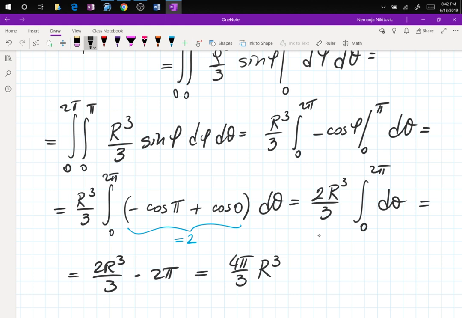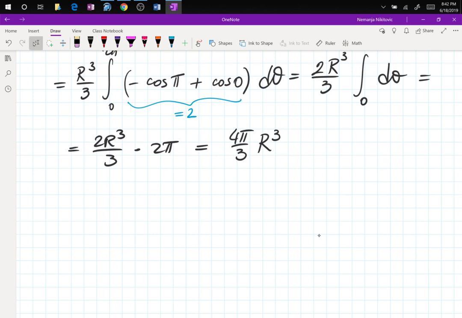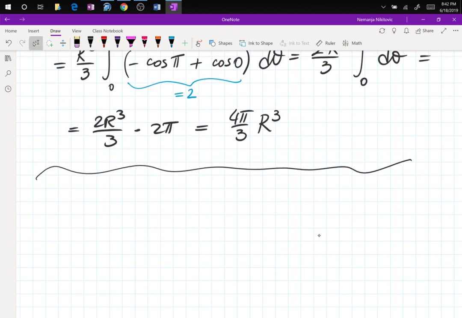So now a problem which says integrate the triple integral.